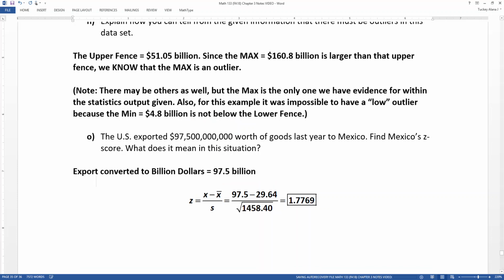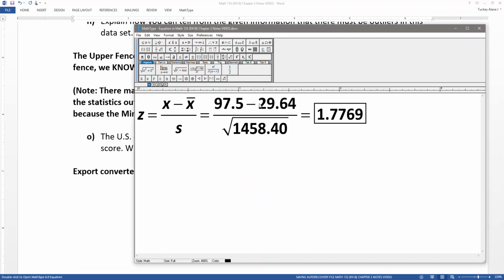And then I remember the lovely z-score formula that we learned in section 3.4, measures of position. So it's x minus x bar divided by s. Now, I'm using the x bar and s version because of course this was a sample.